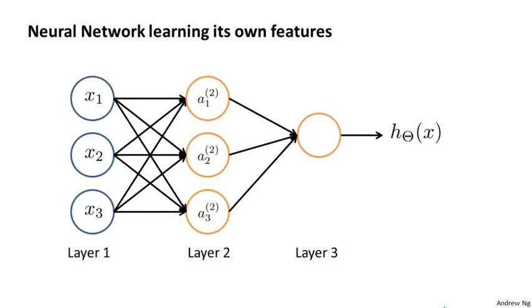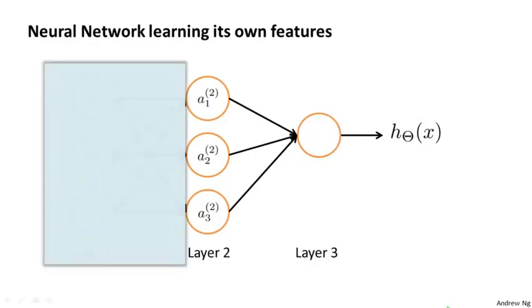Consider the following neural network, and let's say I cover up the left part of this picture for now. If you look at what's left, this looks a lot like logistic regression, where we're using that node, that's just a logistic regression unit, to make a prediction h of x.